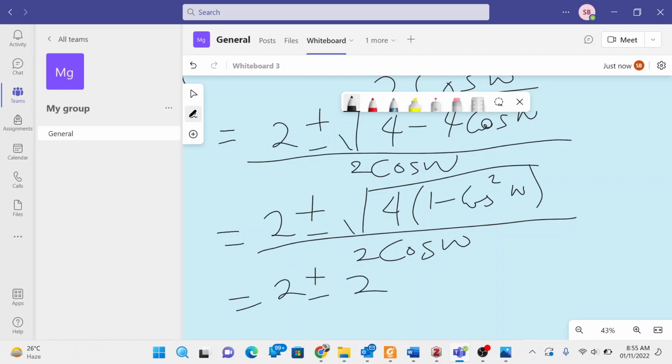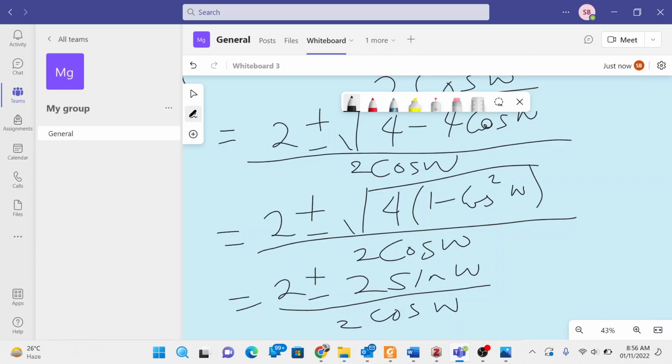So that will be 2 plus or minus the square root of 4, that will be 2, and then this is 1 minus cos squared omega, which is going to be sine squared omega, and the square root of sine squared omega is going to be what? Sine omega. And this is all over 2 cos omega.